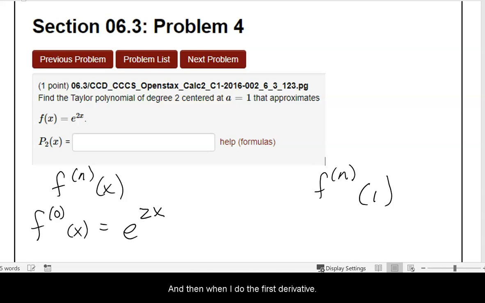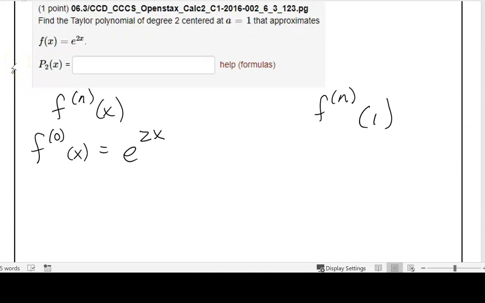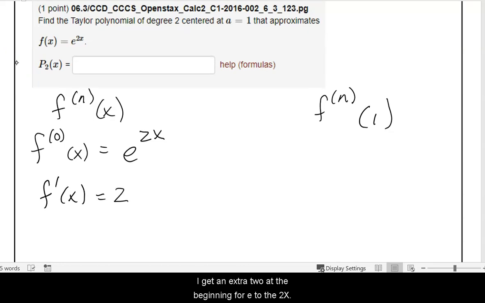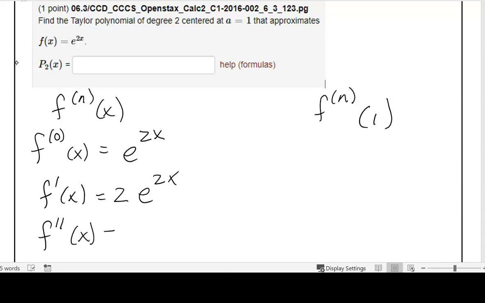And then when I do the first derivative, I get an extra 2 at the beginning for e to the 2x. And then the second derivative is going to give me another 2. And if I did the third derivative, I would get another 2.